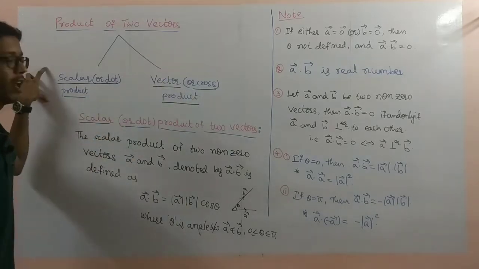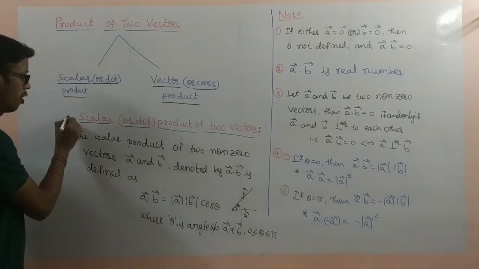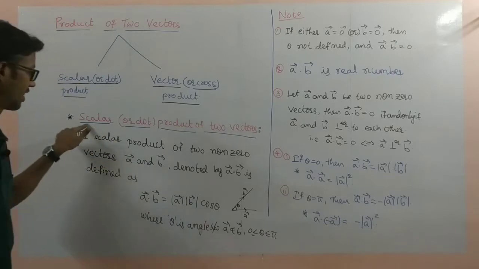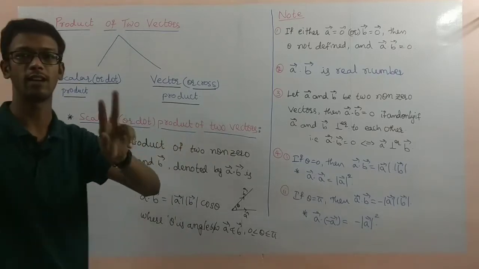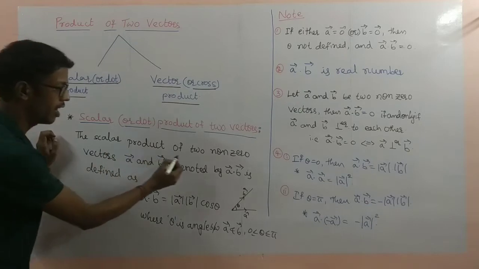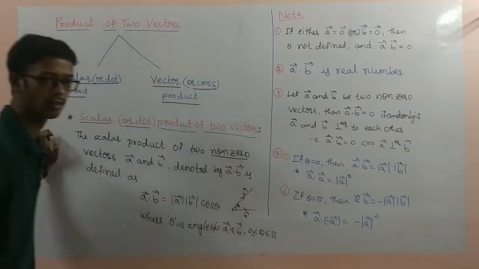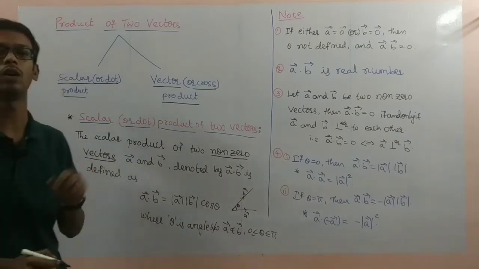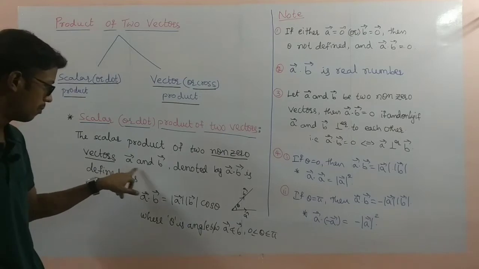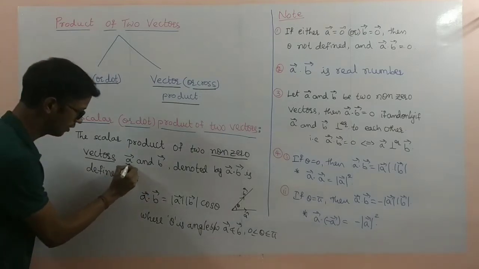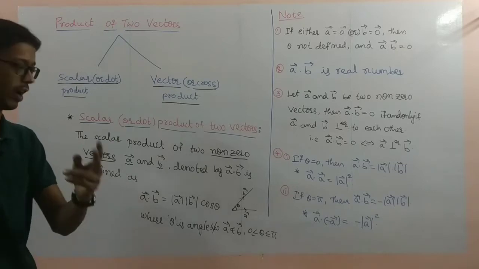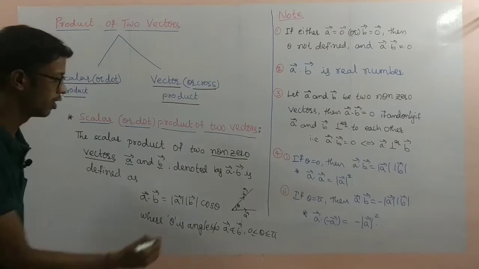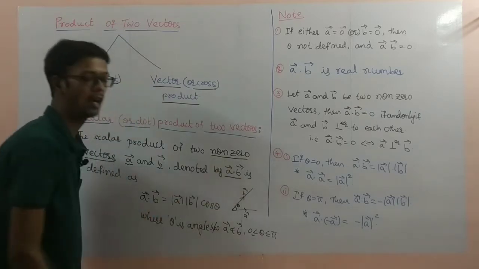Now, the scalar product. I wrote the definition here already; we will just learn the basics. The scalar or dot product of two non-zero vectors, that means magnitude not equal to 0, A bar and B bar, is denoted by A bar dot B bar.